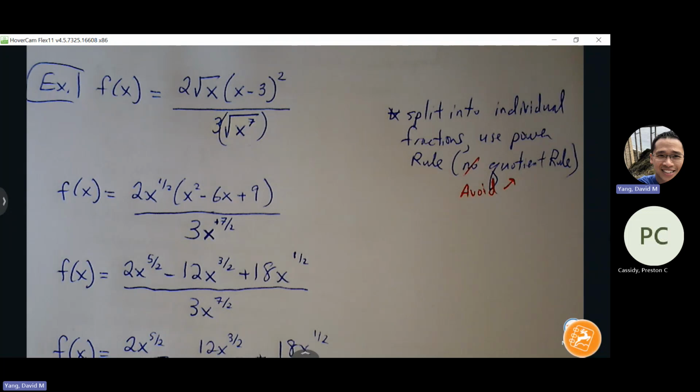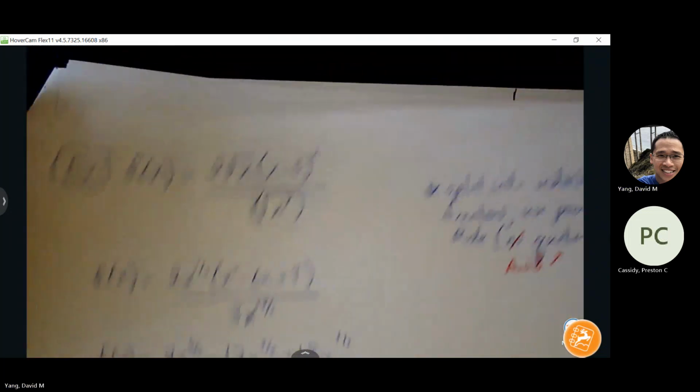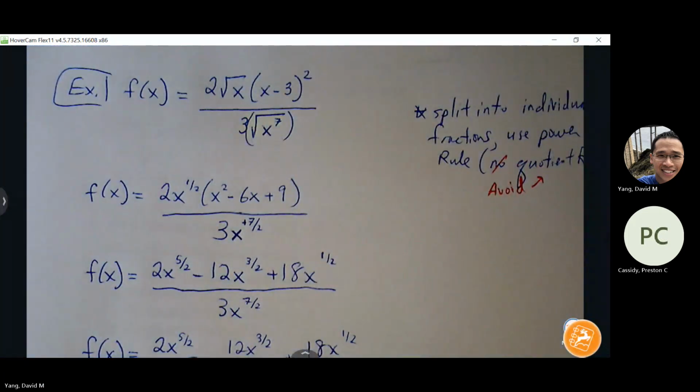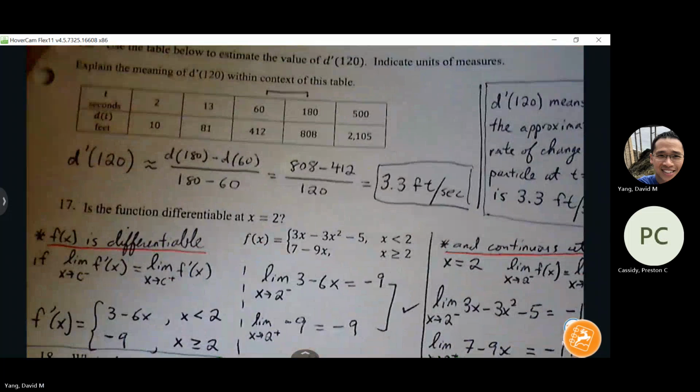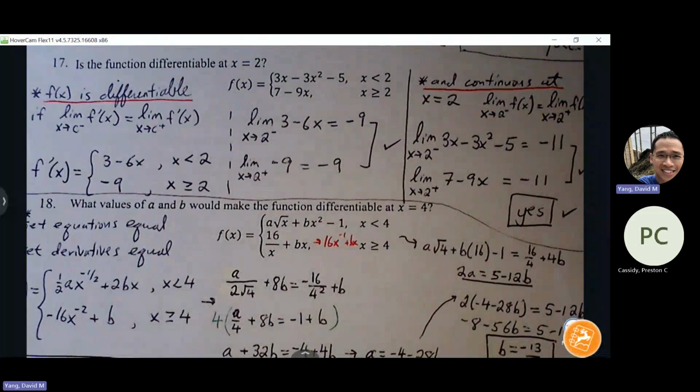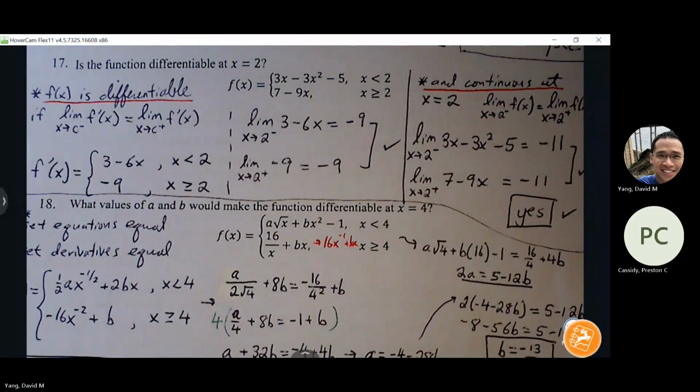Can you go over a variation of that? So you want to see another version of that, another problem that's similar to that? Okay. Let's see, that's fine.